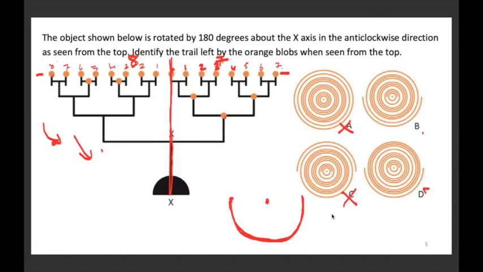Now, from that, we start looking at all the blobs together that are happening at different layers also. So we know that 7 and 7 will come together and complete the circle. After that, 6 and 6 will come together and complete the circle, and 6 and 5 will complete the circle, but then there will be an intermediate circle drawn between them.